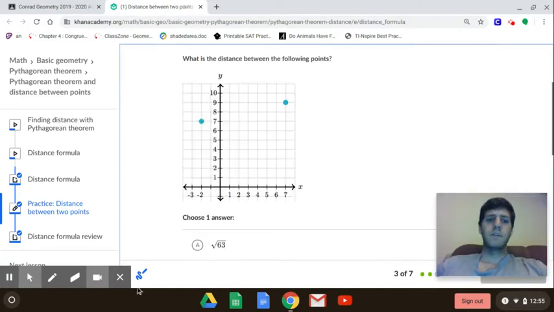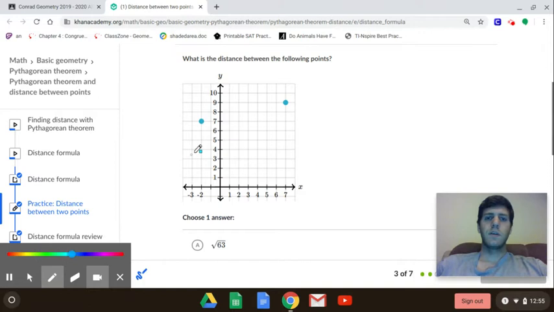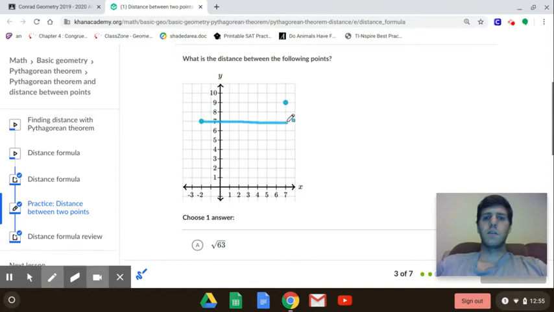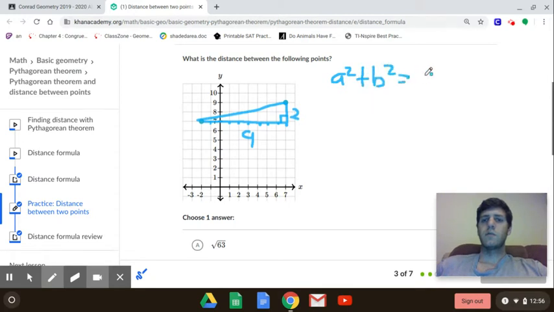Okay, the distance between the 2 points. So again, we can just draw it in. Okay, 1, 2, 3, 4, 5, 6, 7, 8, 9. And that's 2. So again, this is a right triangle. We want to use the Pythagorean theorem. So a squared plus b squared equals c squared.